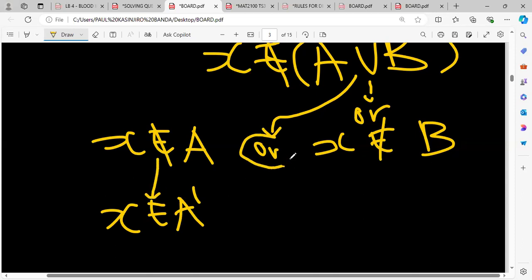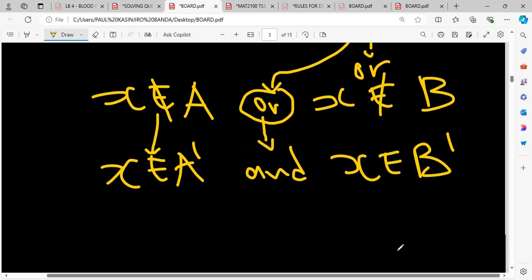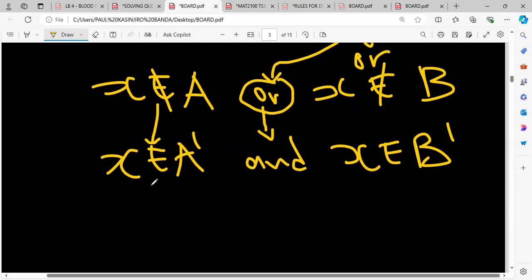It means this or has to change, it becomes and. And then here we do the same thing: since X is not a member of B, it means that X is a member of what? B complement. So the situation that we have there is that this X is a member of A complement, and that same X is a member of that B complement.